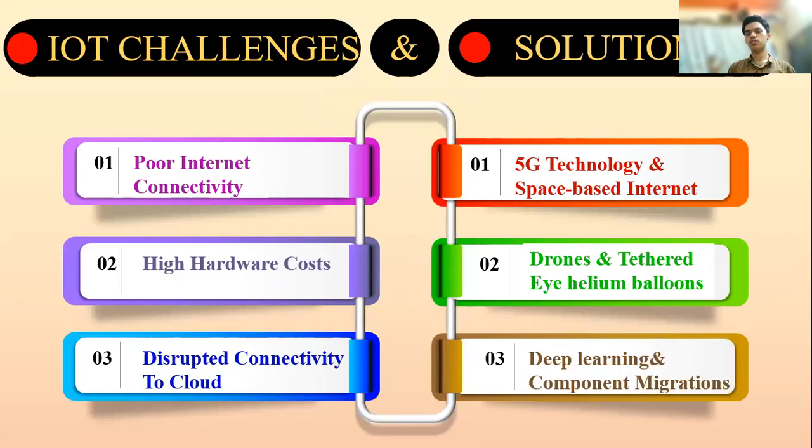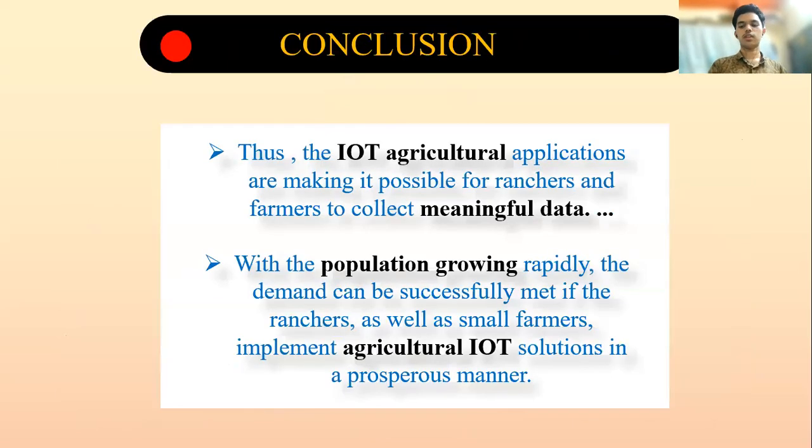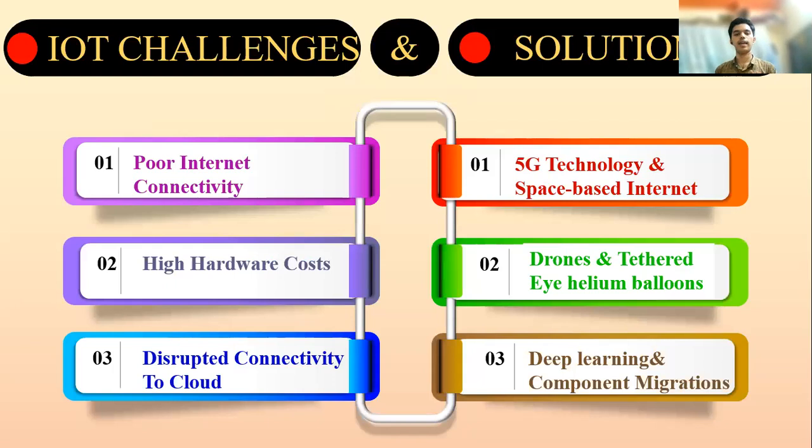But in future, they are planning to implement 5G technologies and space-based internet, such that there will be no place on the earth that the internet could not reach. All the places in the earth, wherever the corner is, will have internet connectivity. Let us hope it will be implemented sooner.